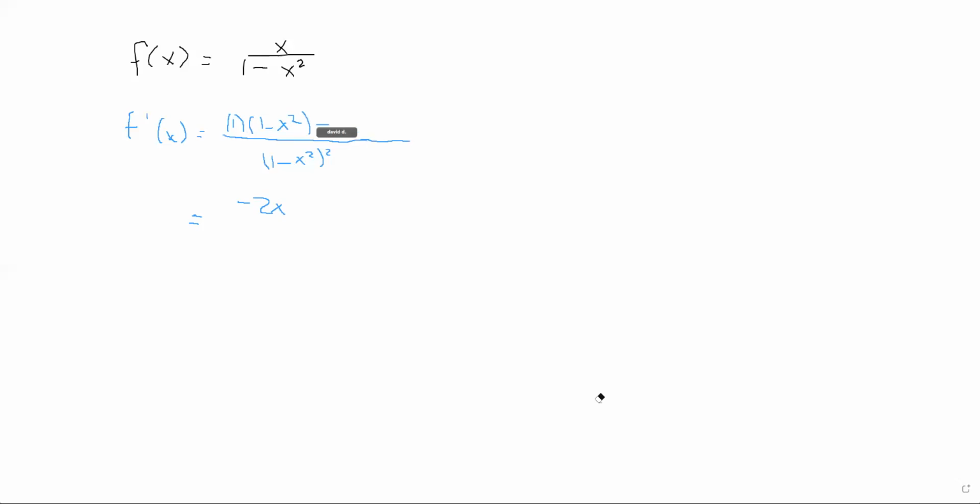And then we have minus the top times the derivative of the bottom, to keep the consistency. Okay. And then simplify it a bit, combine like terms.